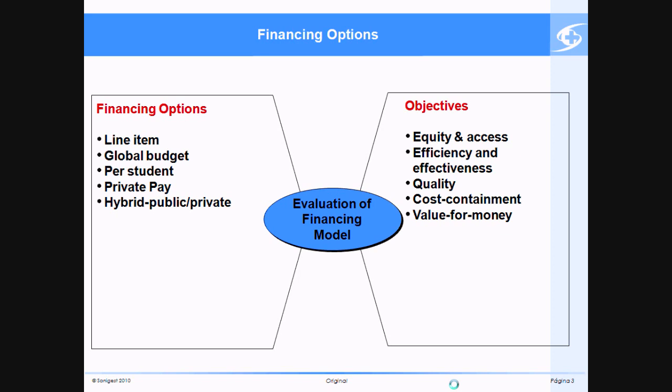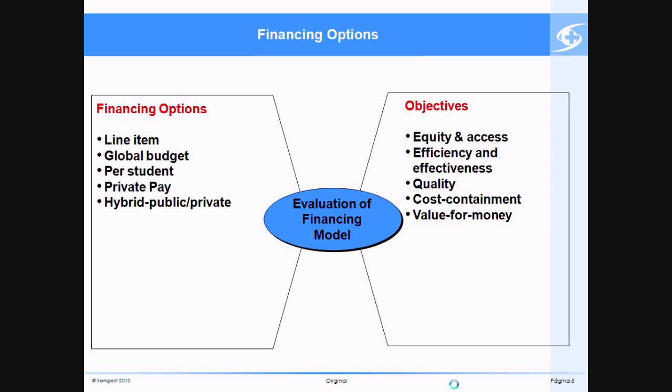Those are the options, but we have to be mindful of four objectives in deciding on which option is most suitable. It is our objective in education to focus on equity and access, to promote efficiency and effectiveness, to improve quality, to keep costs down, and to ensure that we get value for money.